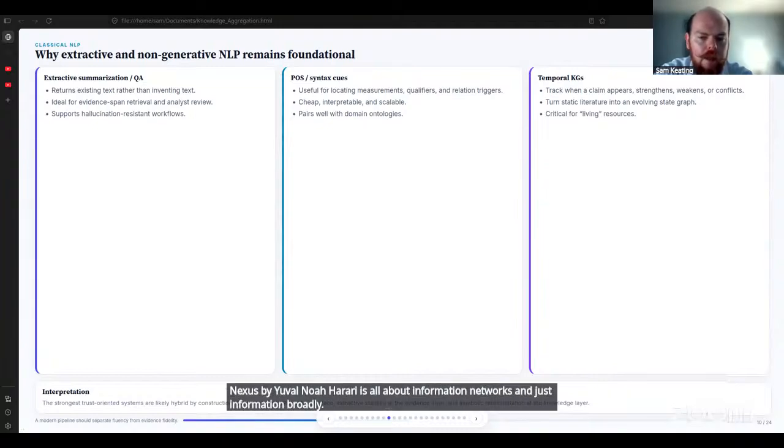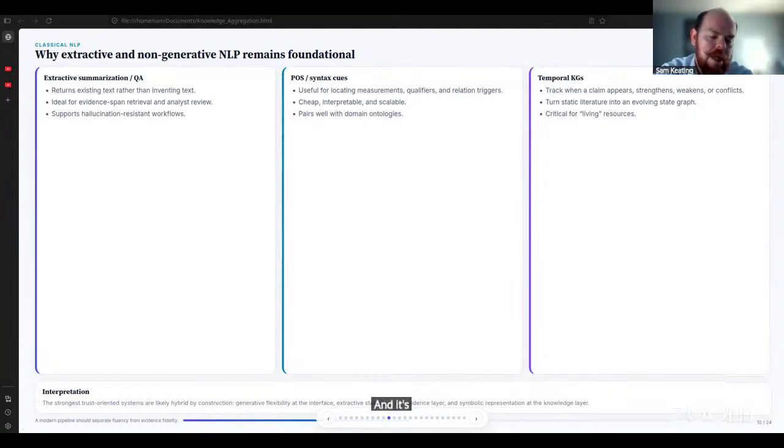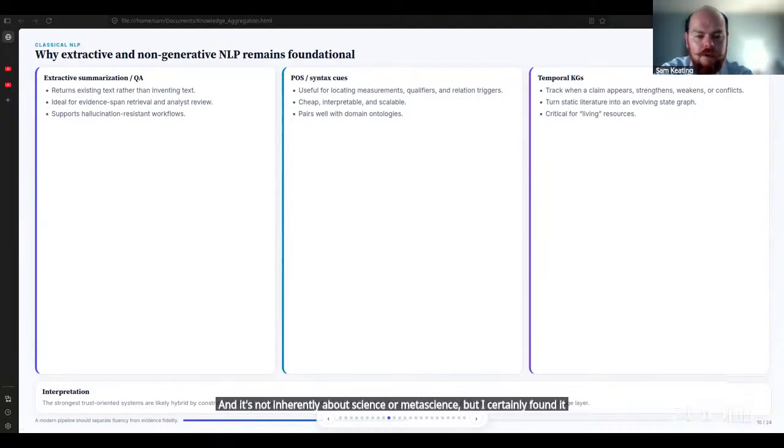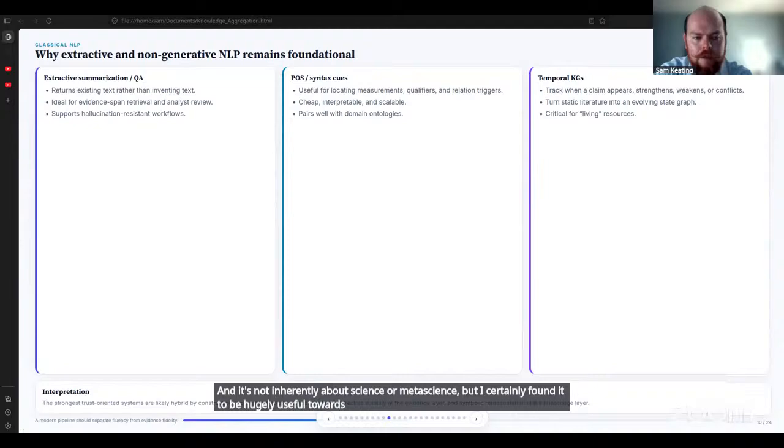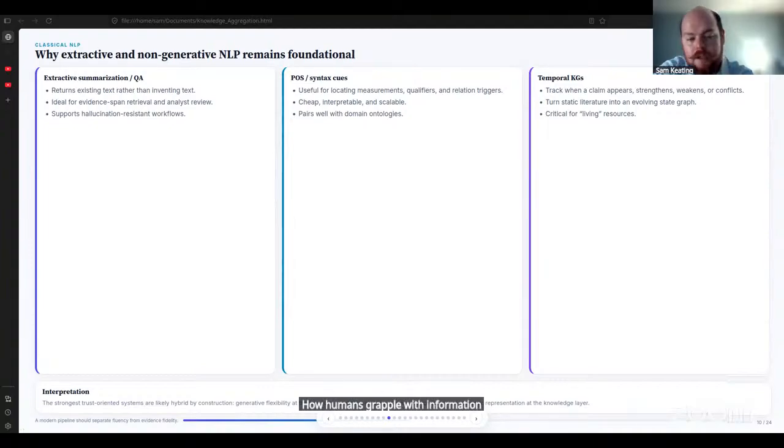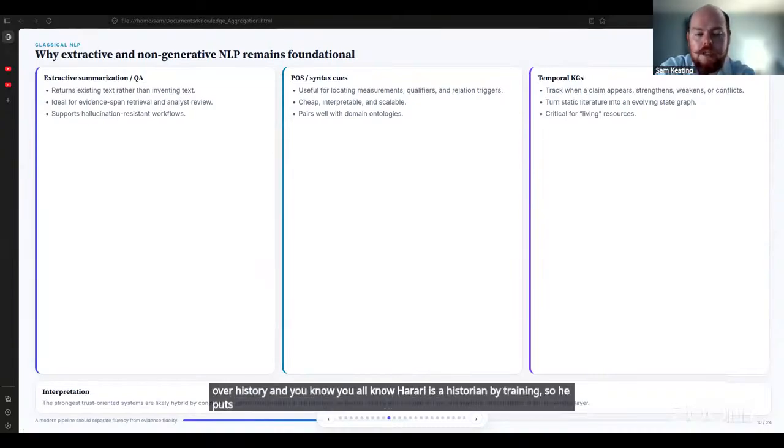It's not inherently about science or metascience, but I certainly found it to be hugely useful towards knowledge graph modeling and understanding the ramifications of how humans grapple with information over history. And Yuval Noah Harari is a historian by training, so he puts a great historical lens into that book.